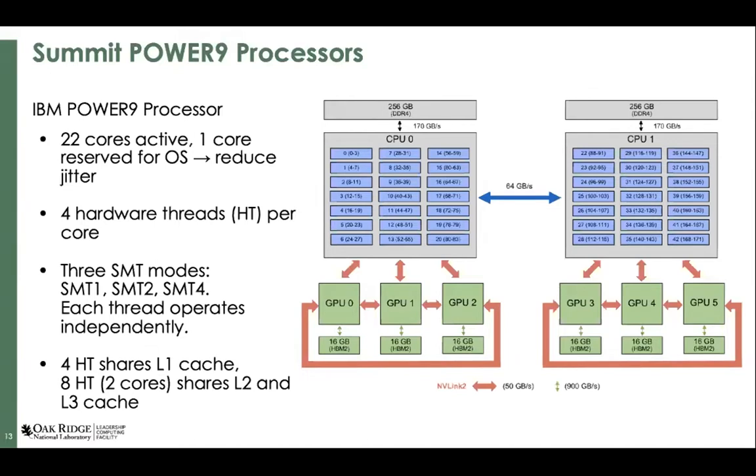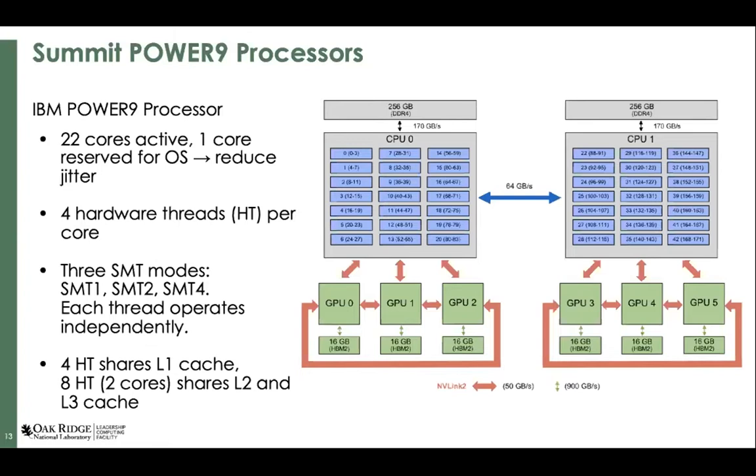Likewise, in SMT 2 mode, pairs of slices work together to run tasks. Finally, in the last mode, SMT 1, the 4 slices work together to execute the task or thread assigned to the physical core. But regardless of the SMT mode used, the 4 slices share the physical core's L1 instruction and data cache.